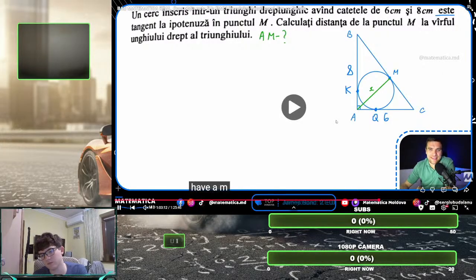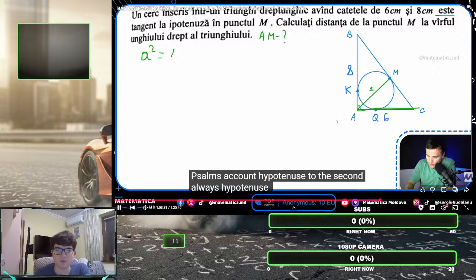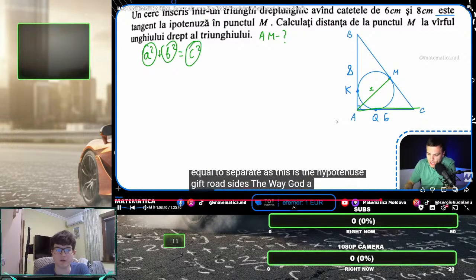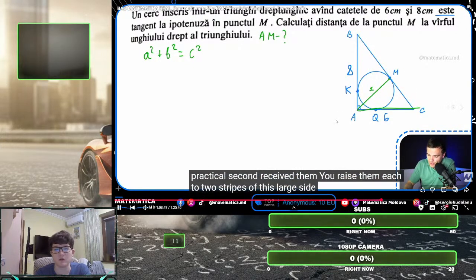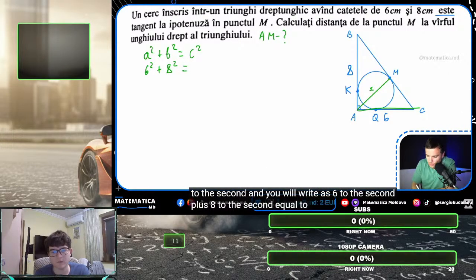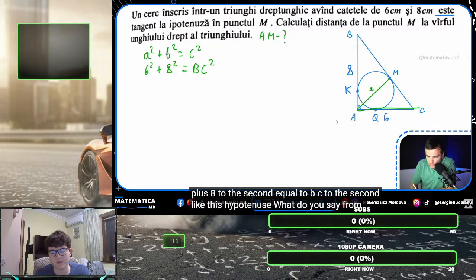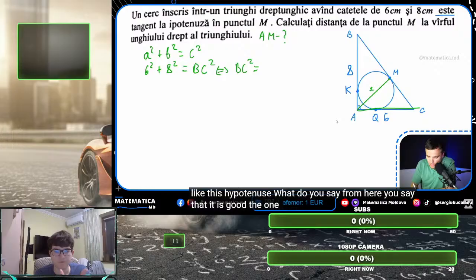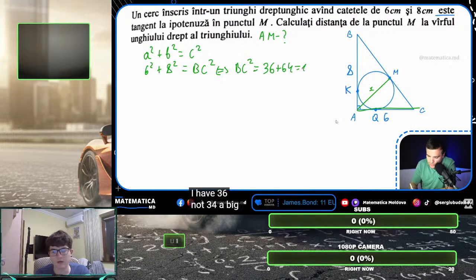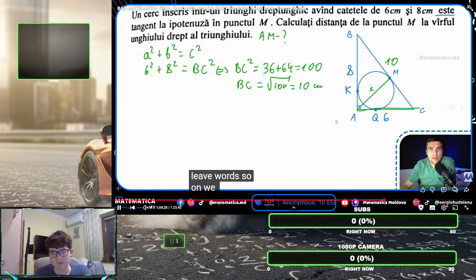Anyways, I have to understand what to do here. A squared plus B squared equals C squared. Oh, so you have to find BC like I said. But why do I need it? So it's 36 plus 64, that's 100. And that's 10. BC is 10. Okay.